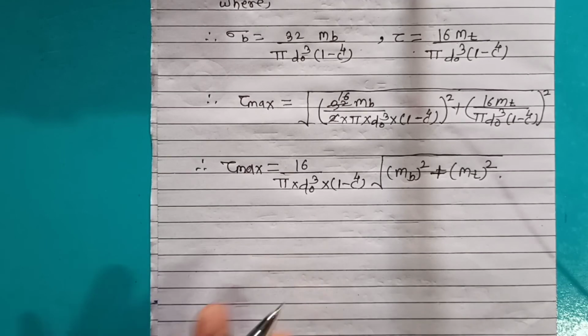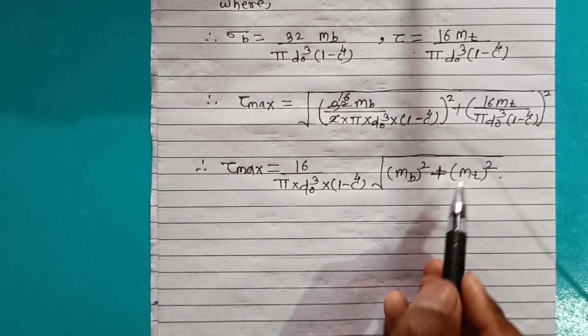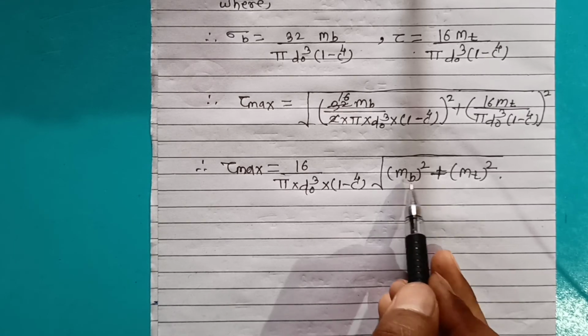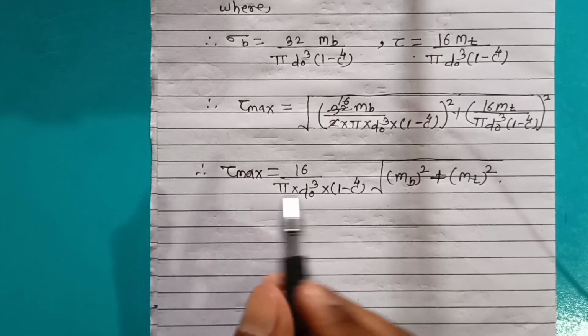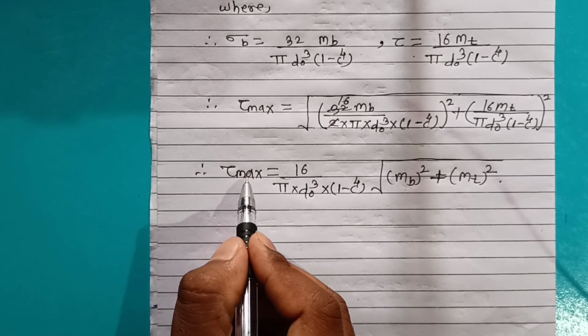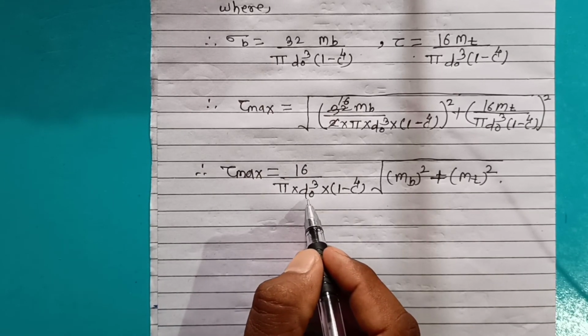Now in this equation the values of mb and mt are given in the problem, otherwise the required data is given in the problem to calculate the values of mb and mt. The value of c is given in the problem, and the value of tau max is given in the problem. By putting these values, we find out do.